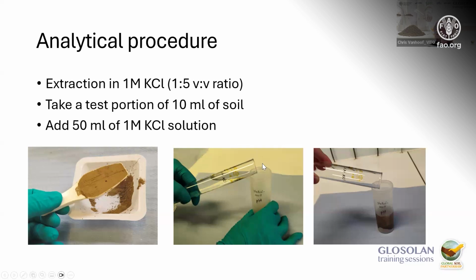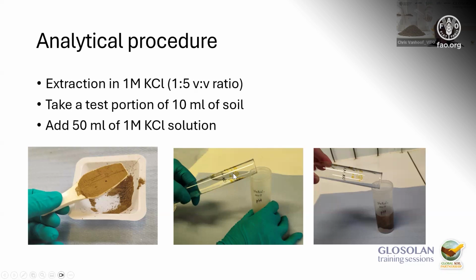We add it in a tube that we can also place in our pH carousel in our sample plate to do the measurements, so that we don't have to change recipient. So here we have the soil added. We then add the extraction with 1 mole potassium chloride, in a ratio of 1 to 5 volume.